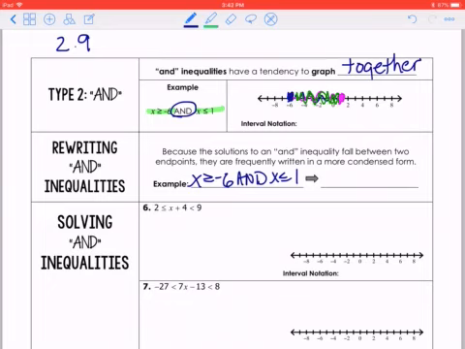What we can actually do is write -6 is less than or equal to x, which is less than or equal to 1. Because all of my values, just like if you look at the picture up above, have to be in between -6 and 1. Okay, so we're going to practice this.